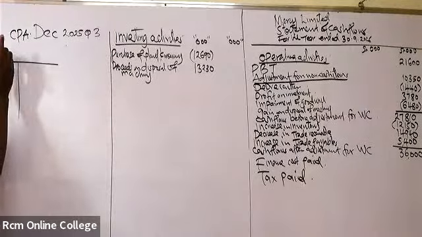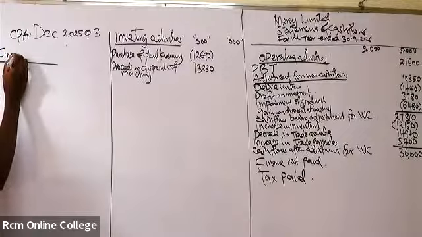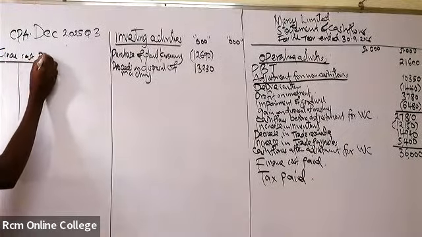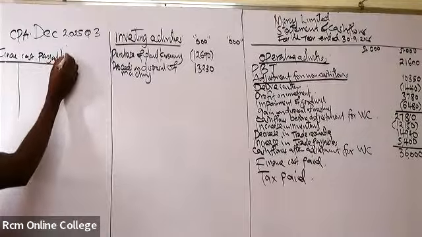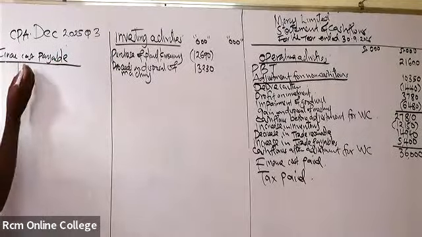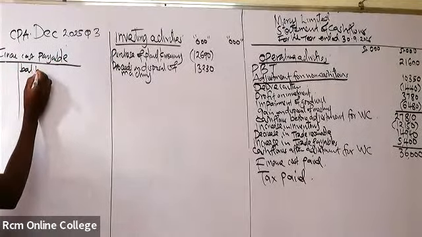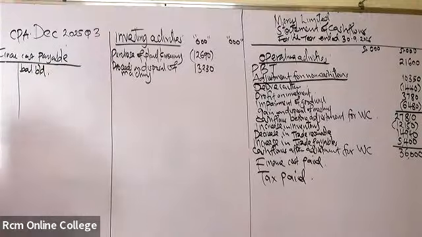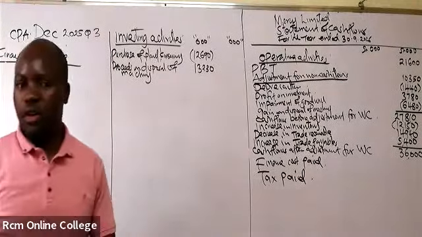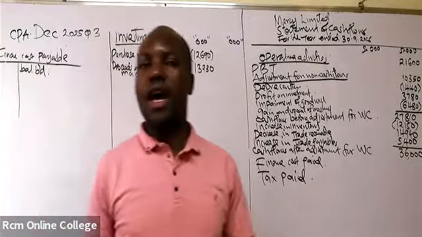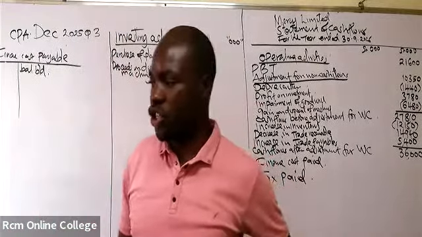So we talk about finance cost payable as a liability, right? Do we have balance brought down of the opening liability? You go to the statement of financial position under current liabilities and check.